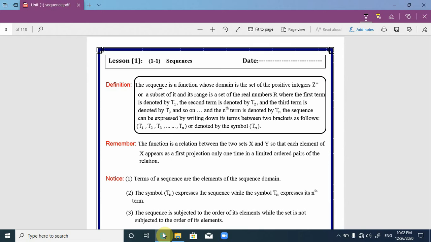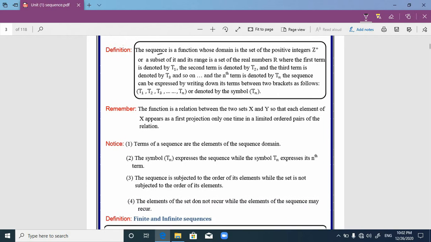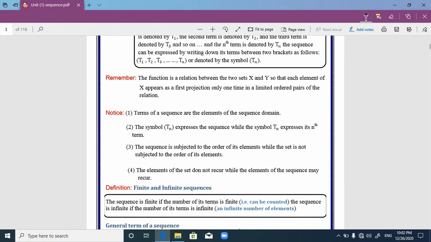Remember that a function is a relation between two sets X and Y, so that each element of X appears as a first projection only one time in an ordered pair of the relation. Okay, these are some notes about the sequence.